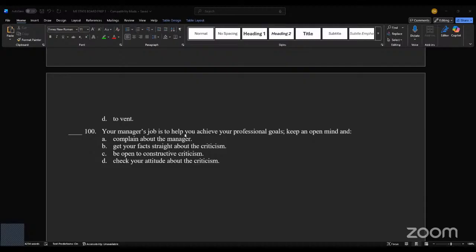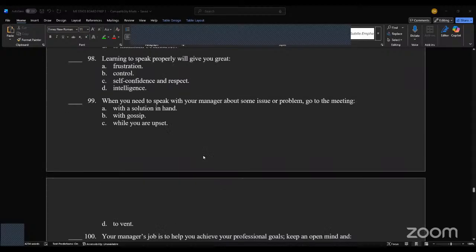Keep an open mind, and C, be open to constructive criticism. You got to be able, people have to be able to tell you need work on something. Okay. They got to identify the areas that can make you better if you work on these areas. Don't run from that. And if you're coming in year one, it's going to get better, and it gets better, and it gets better, and it gets better. Okay.